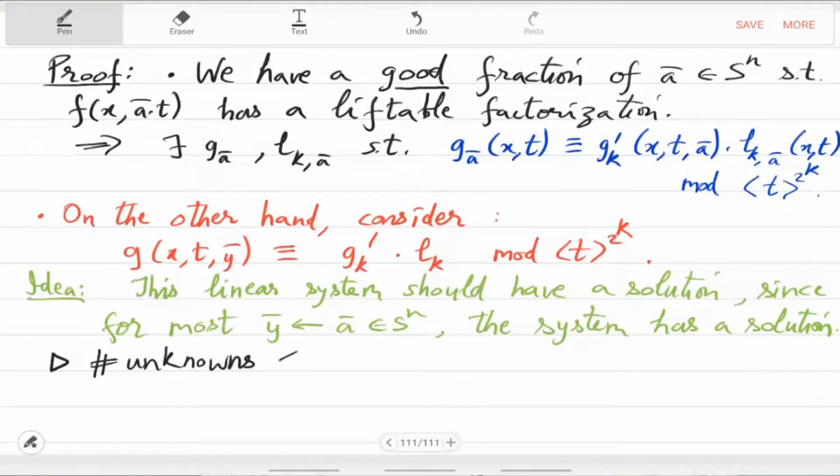Let me first specify that we are thinking of unknowns as polynomials or functions in y bar. g k prime is a polynomial in x, t and y bar.